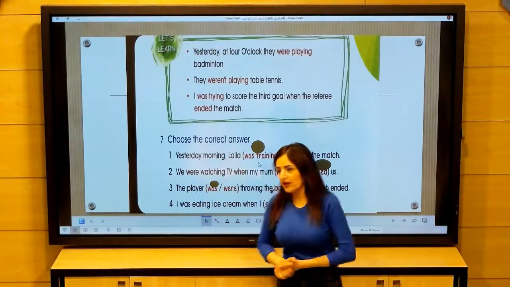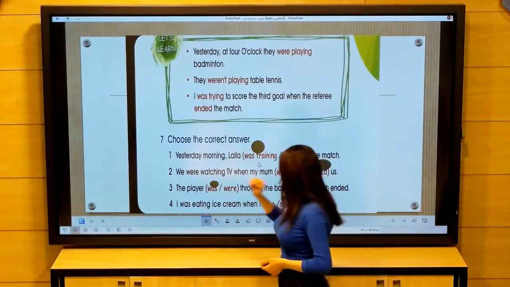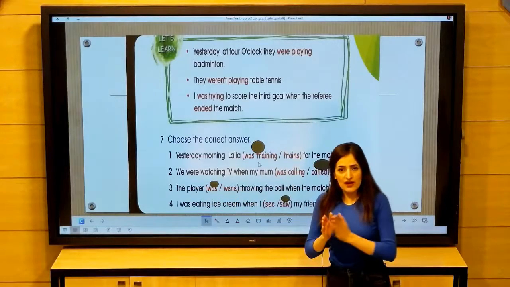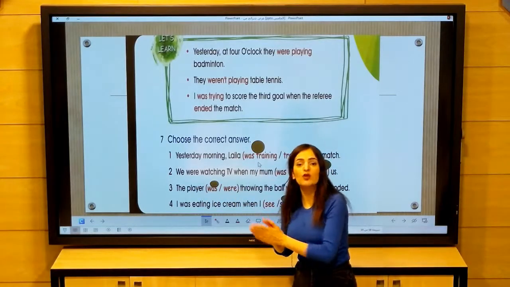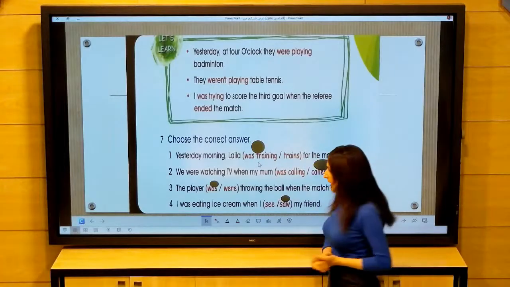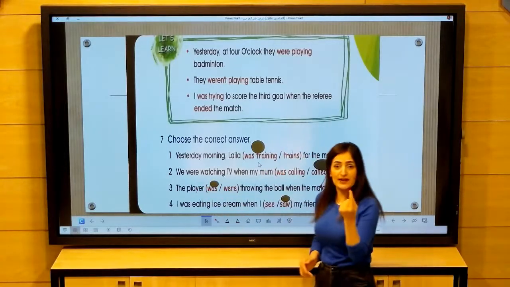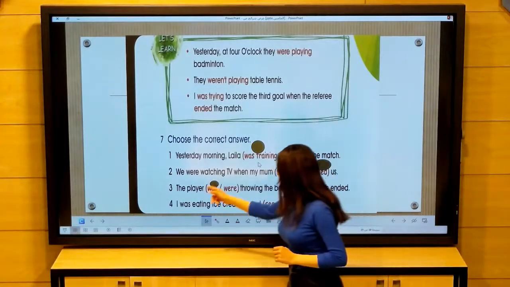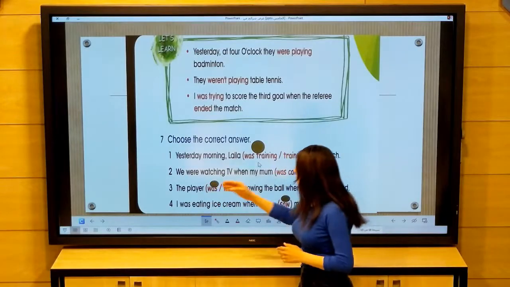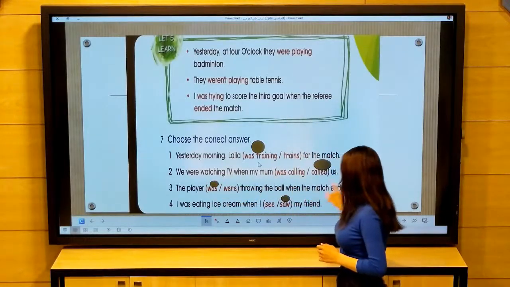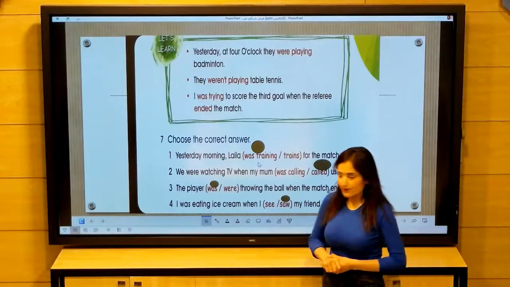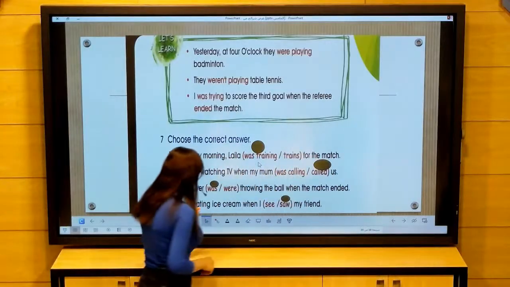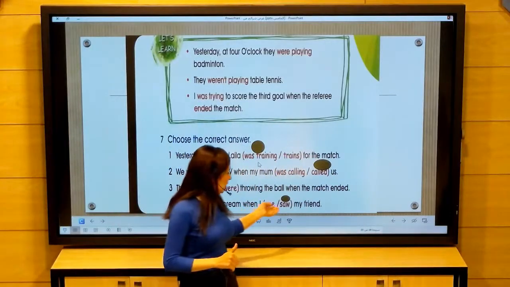Number 3, the player was or were. Was with a singular subject, were with a plural subject. We have here player. The word player is singular. So singular, I will say was. The player was throwing the ball when the match ended. Finally, I was eating ice cream when I see or saw.